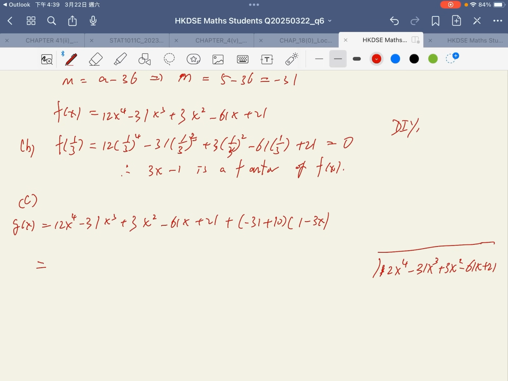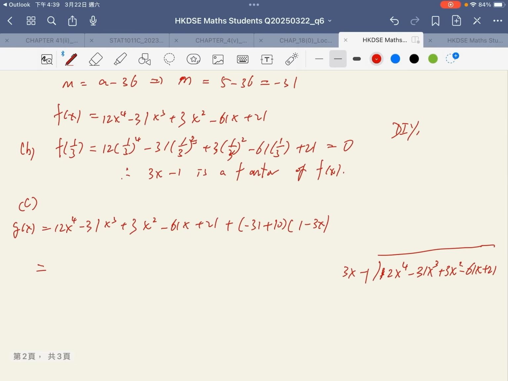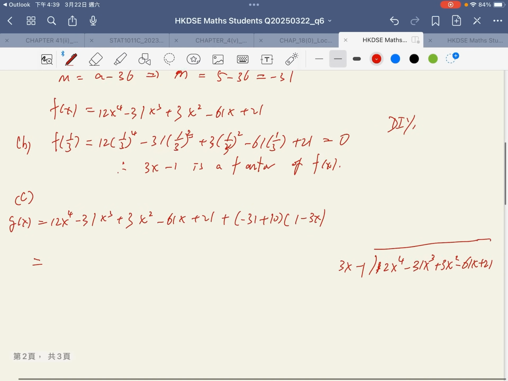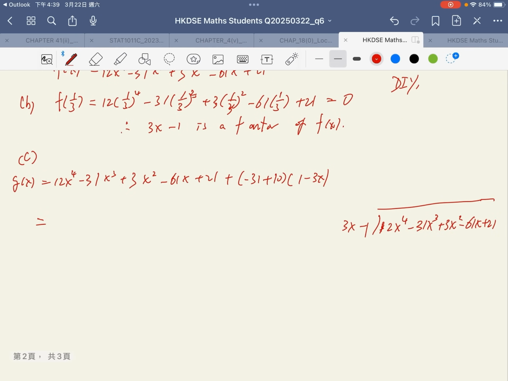Because I think it is a fundamental and very essential question, and I am almost sure this will appear in the coming DSE questions. Therefore, I should present this question in detail to show you how to do it. First, put x times 4x to the power 3.